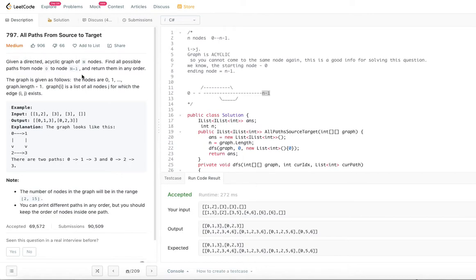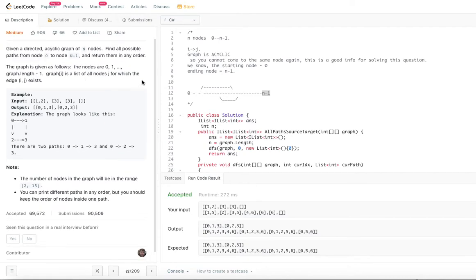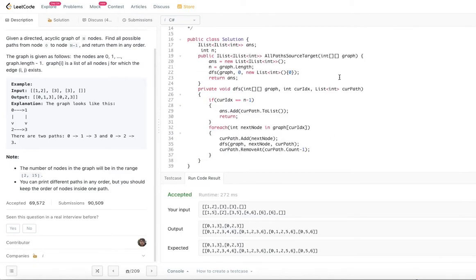So we are given the input as graph, right? The graph is given as an adjacency list, you could say. That means 0 is connected with 1 and 2. That means there is a path from 0 to 1 and 0 to 2. Since this is a directed graph, you have to only assume there is a path from 0 to 1 and 0 to 2.